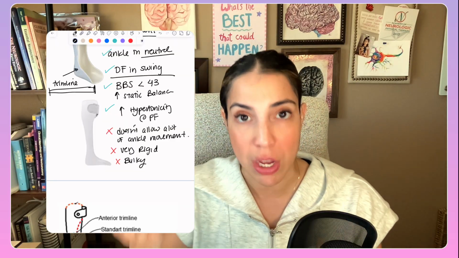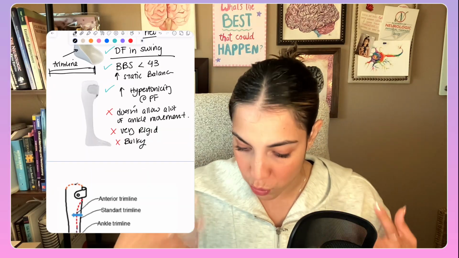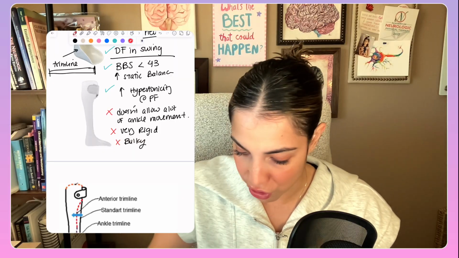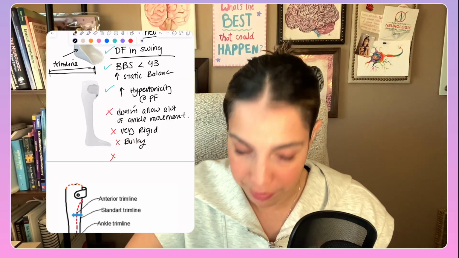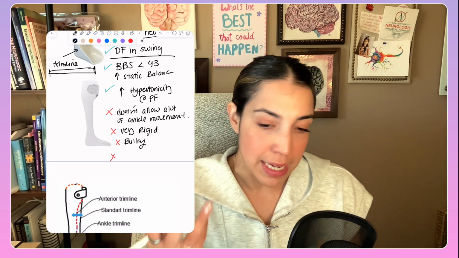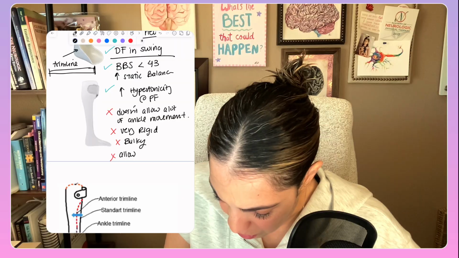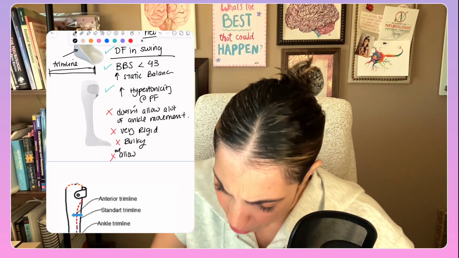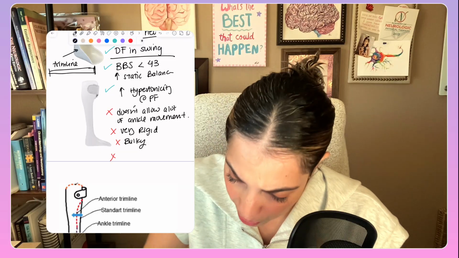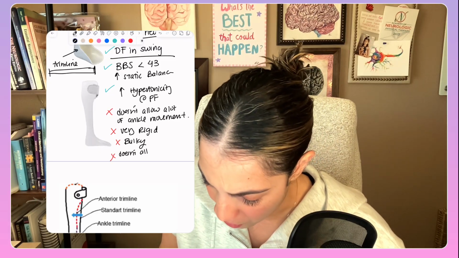So if you want some ankle mobility, like you want to train your patient and assist with the ankle mobility, it's not going to be good for this. Okay, so we're going to put: not allow movement.